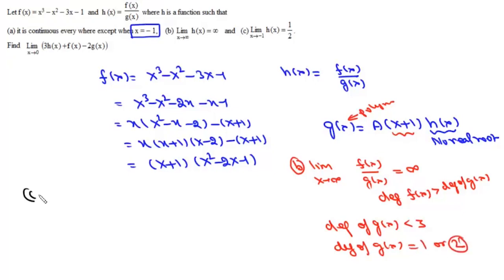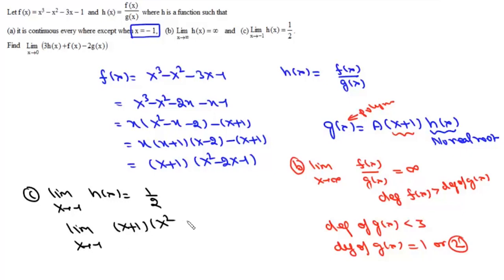Now in C it says this limit x tends to minus 1, h(x), is 1 by 2. That means this limit x tends to minus 1, (x plus 1)(x square minus 2x minus 1) upon (x plus 1) times a function, this value will be 1 by 2. Now this x plus 1 will cancel.